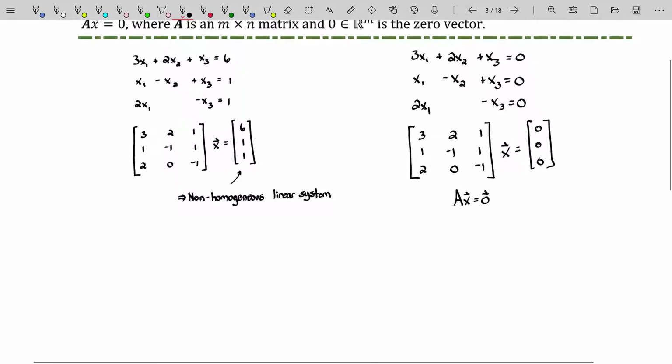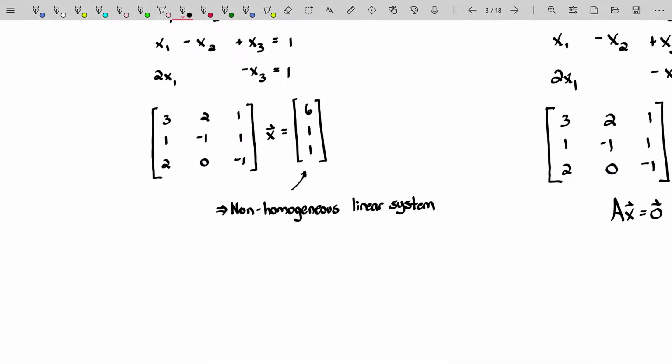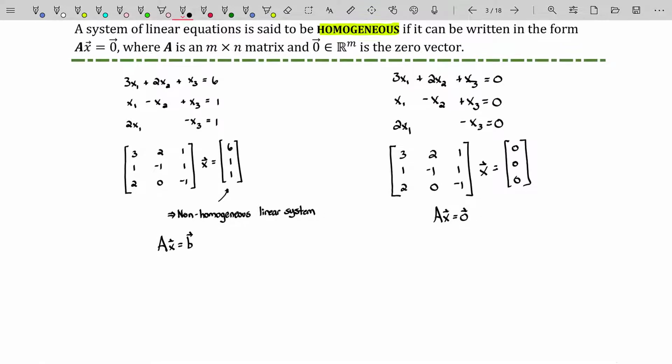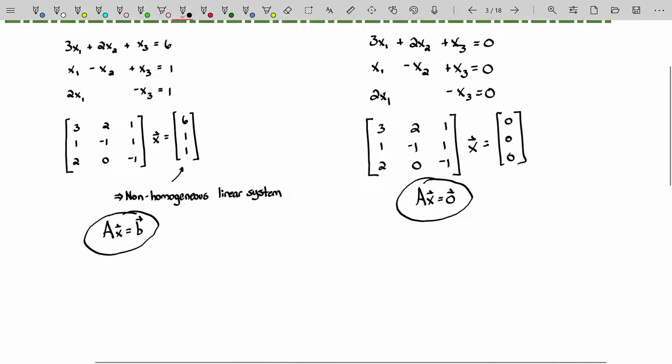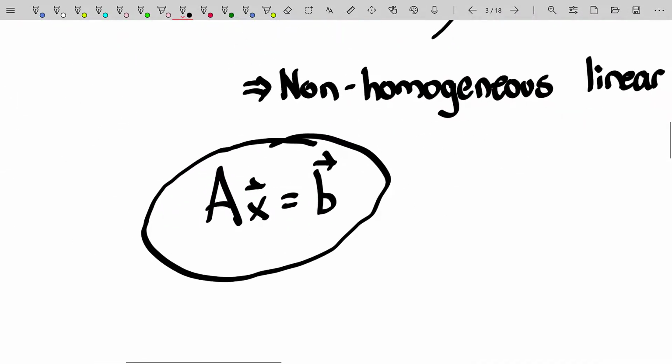Now remember, the other system can be written as AX equals B. Something that we'll learn in the future though, is that when you're trying to solve a non-homogeneous linear system through its matrix equation, you will often end up solving the homogeneous system as well. And that is because the solutions to the homogeneous system are part of the solution to the non-homogeneous system.